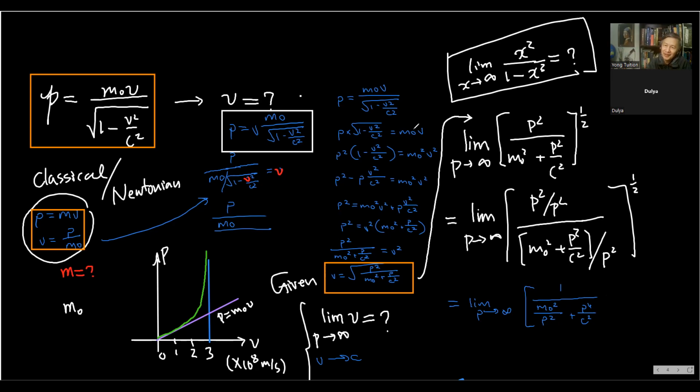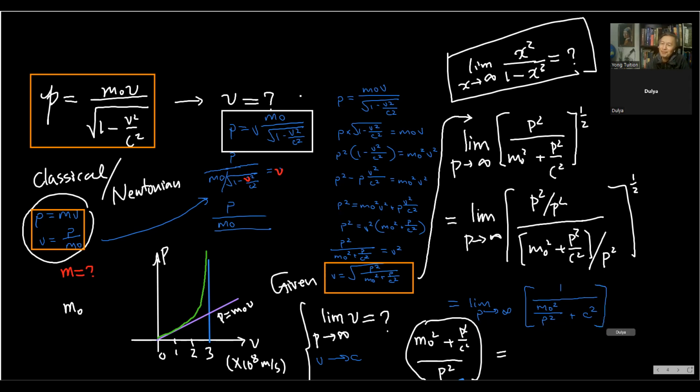Yeah, that's why I'm not surprised. Some students get confused. Can we just write down here M naught squared? It would be just C squared, divided by P squared. Yes, that's right. That's constant. C is constant, right?